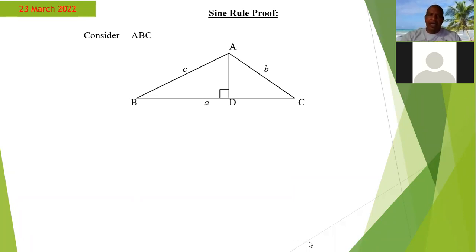All right, so as I was saying, you should be able to see how we get AD to be equal to C sine B, because that's what I just worked out for you. Now, we used the left right angle triangle when we were calculating AD.